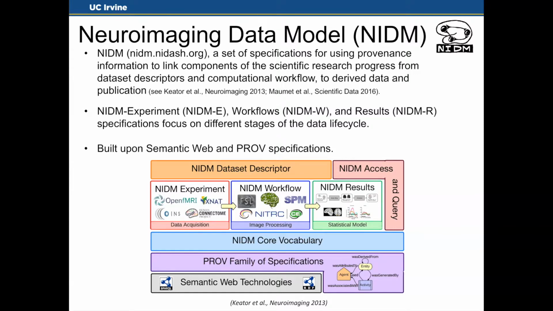There are the NIDM workflows models, which Satra mentioned before, but the idea is to capture the workflows of what happened to the data in a precise form, also in linked data, using the same semantics as NIDM Experiment. And then there are the NIDM results models, which are currently implemented for mass univariate statistics in MRI, but as you'll see in this presentation, we're extending those to include brain volume computation.